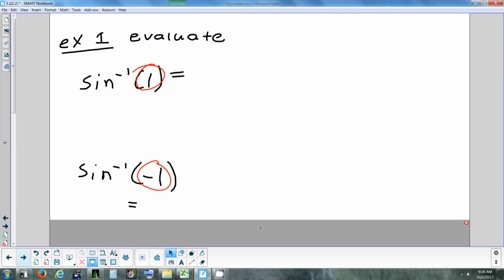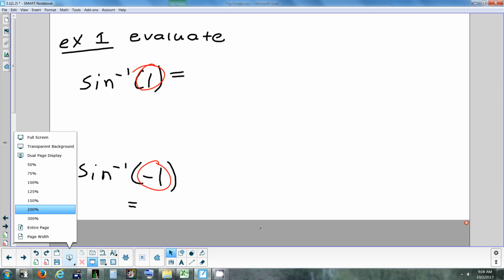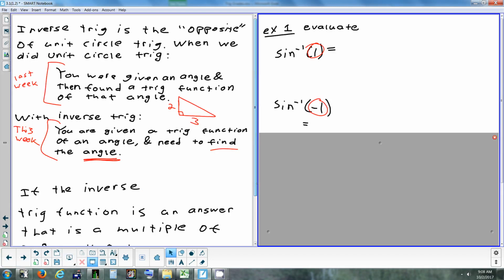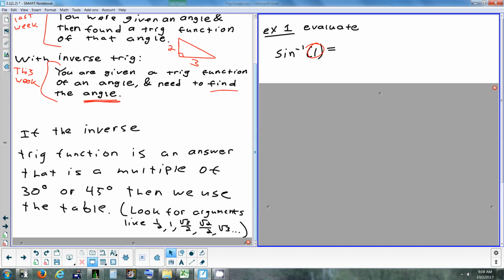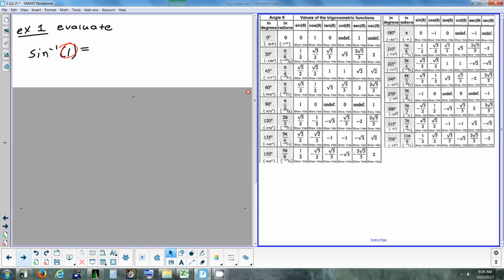All right, so let's look at this one. Okay, inverse sine of 1. Does everybody have what's on the left? Okay, so there's my table.